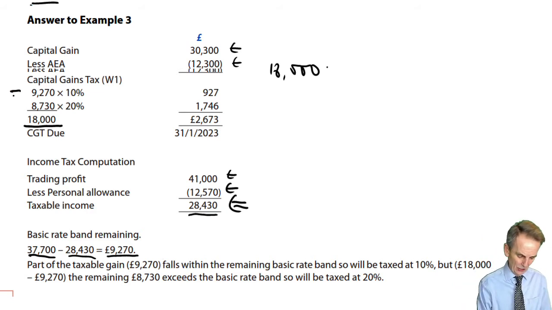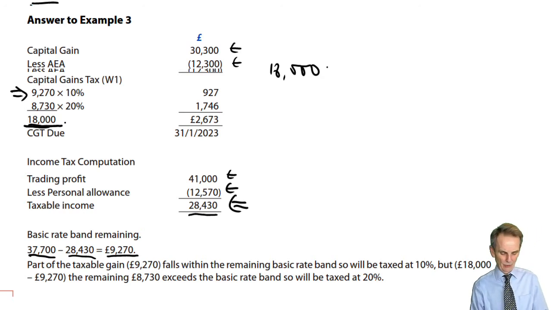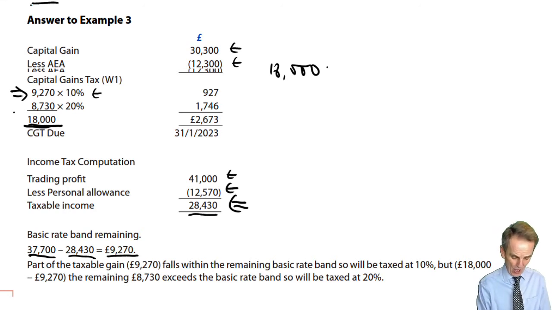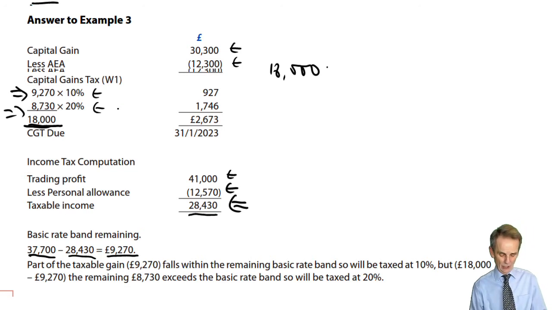So that 9,270 out of the £18,000 of taxable gains will be taxed at 10%. And the remaining balance, hopefully that figure there, 8,730, that's pushed into the higher rate at 20% and calculate the CGT accordingly there.